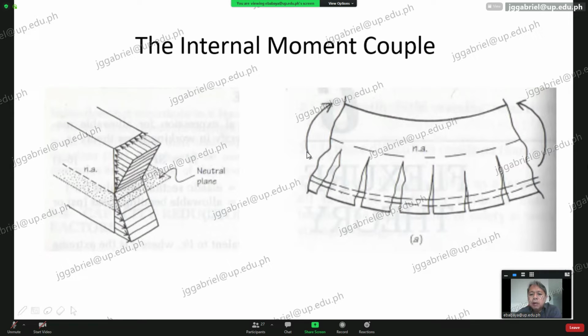And then this part below the what we call neutral axis will be subjected to what?